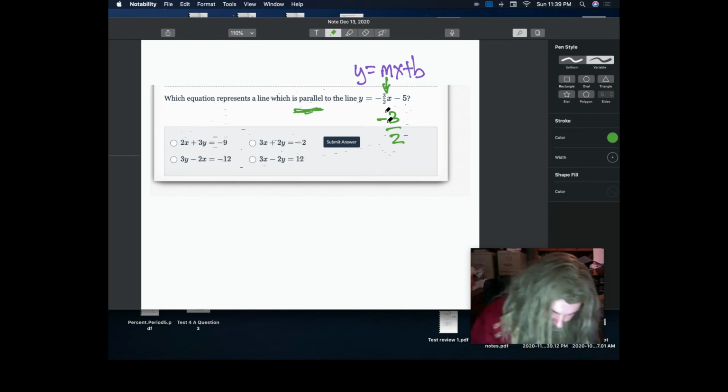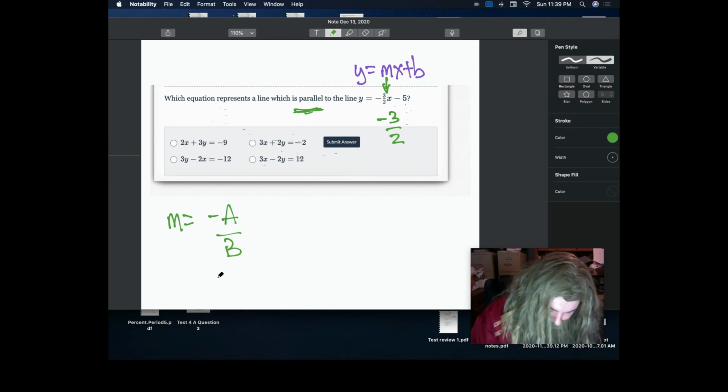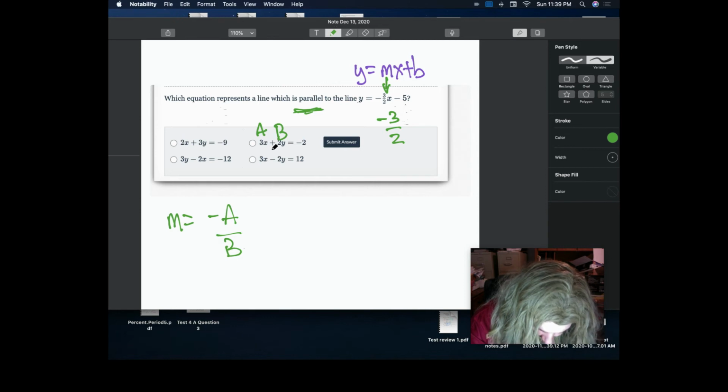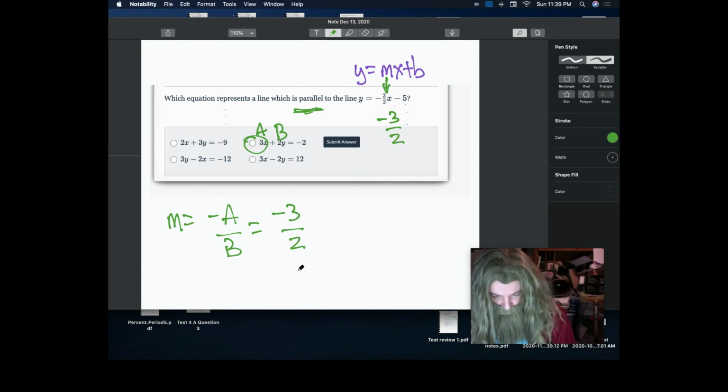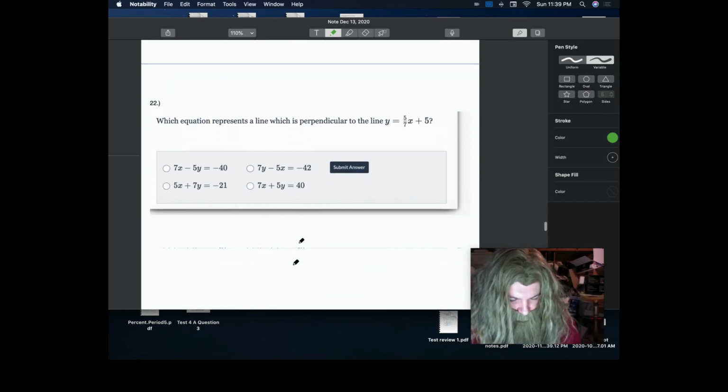Well, recall earlier we had mentioned m equals negative a over b if it is in standard form. So it is my task to find an a that is 3, a b that is 2, and I will be worthy of my answer. So here a is 3 and b is 2. This is worthy of the answer, for it will be negative 3 over 2. I wish that to make sense to you.